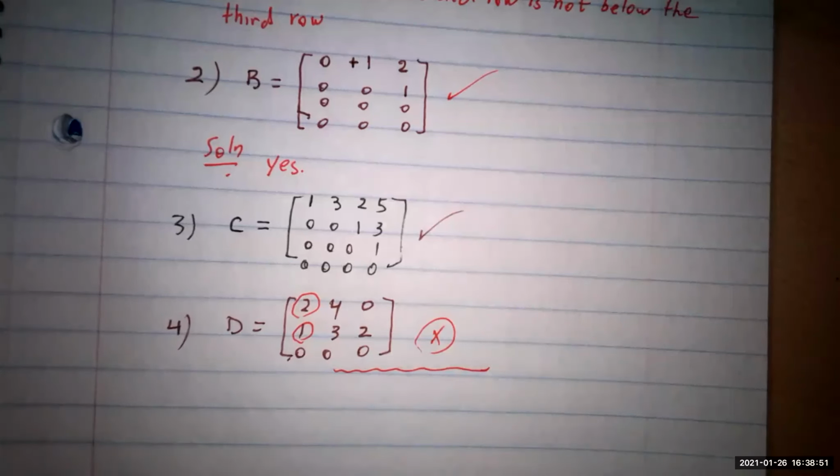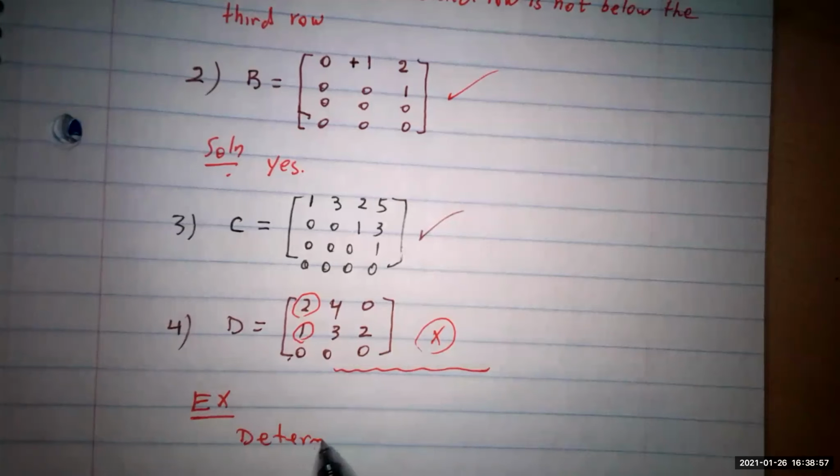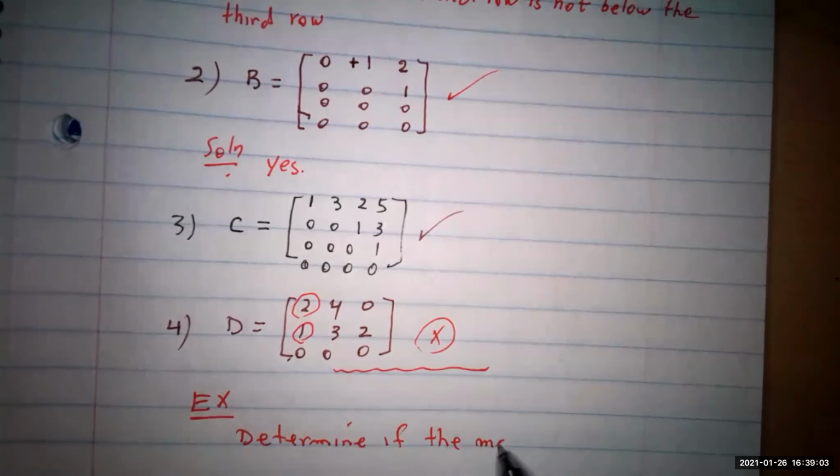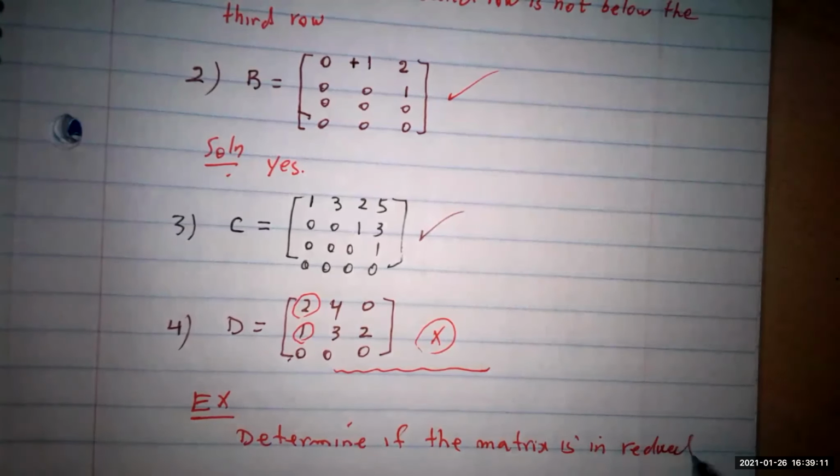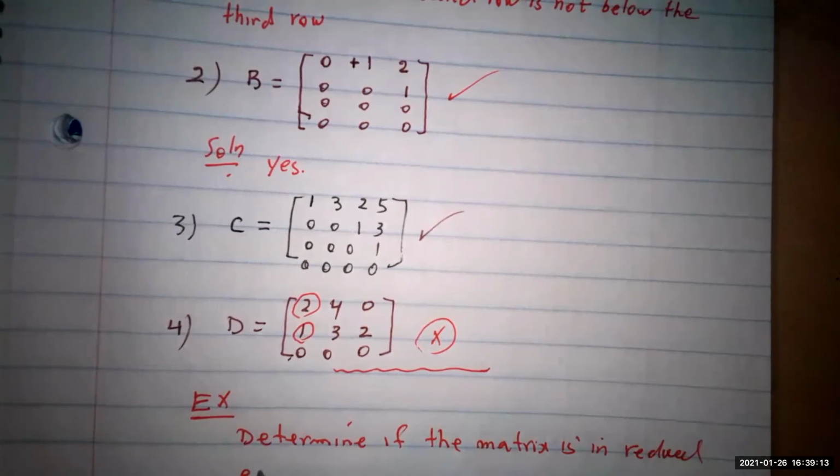So we have another example. So determine if the matrix is in reduced, okay, reduced echelon form.